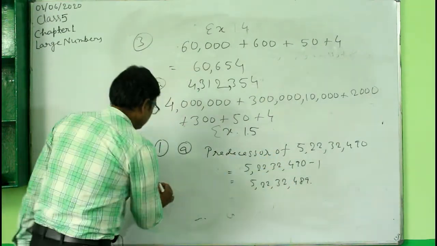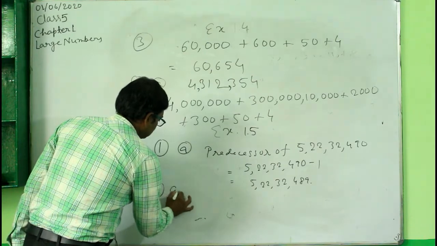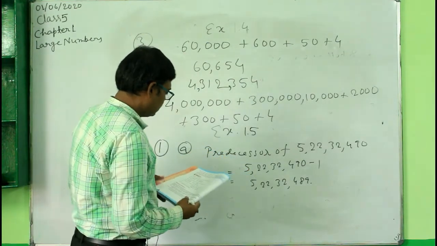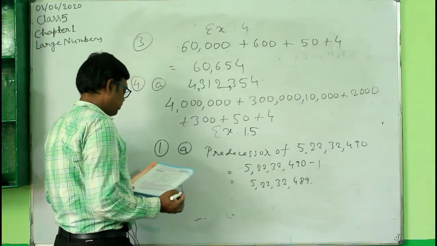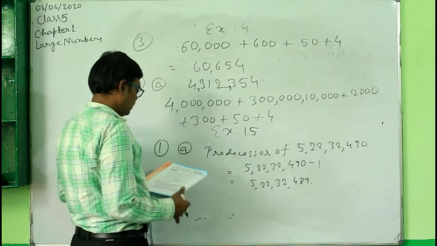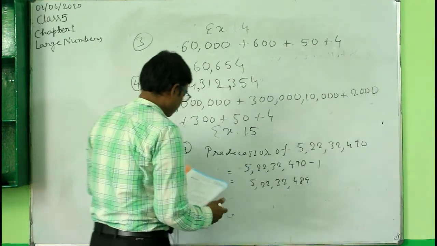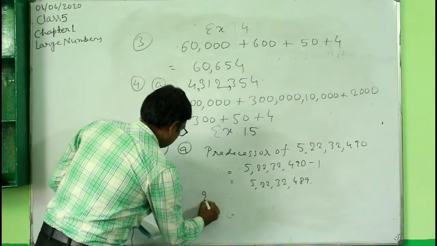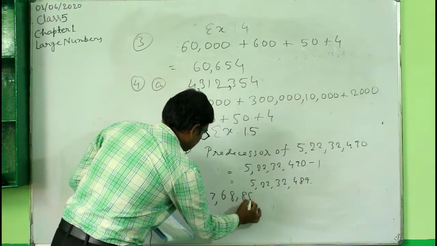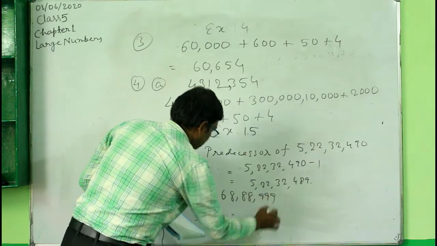That is question number 2 in this case. I will solve D. Find the successor of 27 crore 68,88,999.